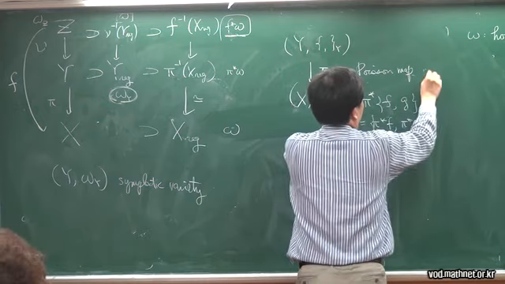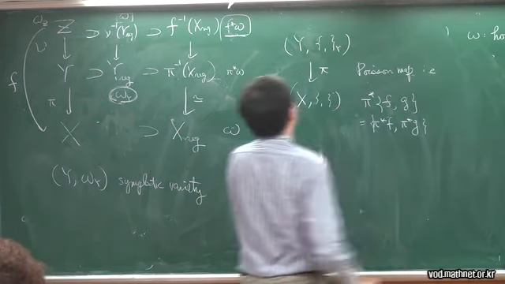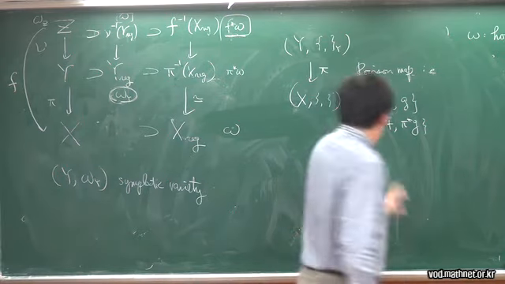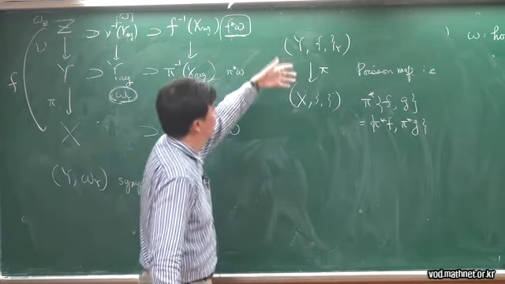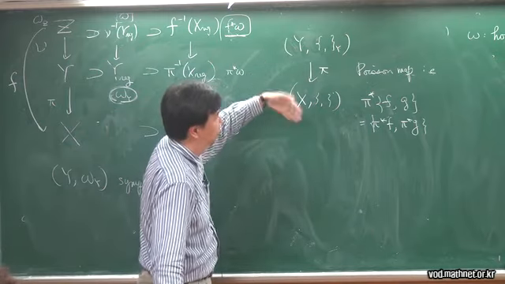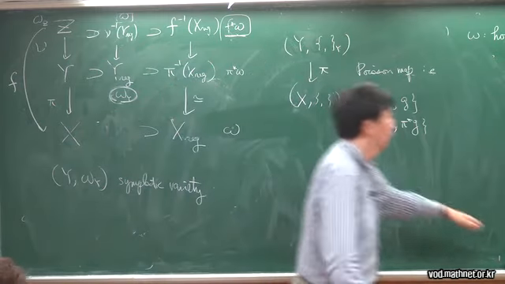This is the meaning of the Poisson map. So now I will consider the Poisson deformation of both spaces and compare them.